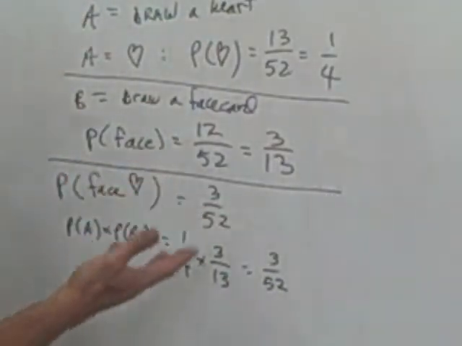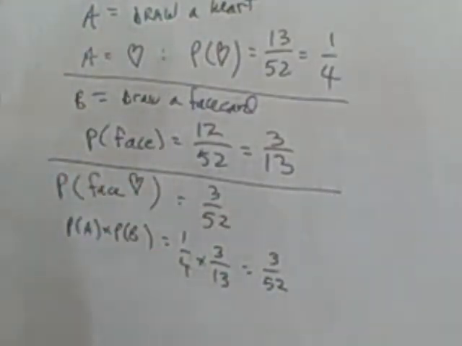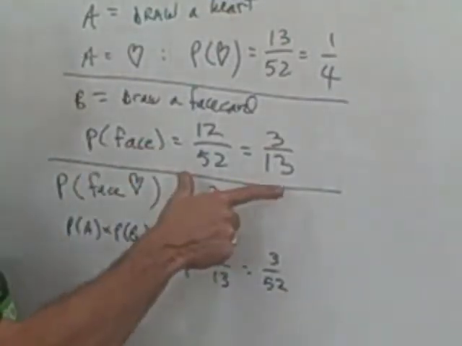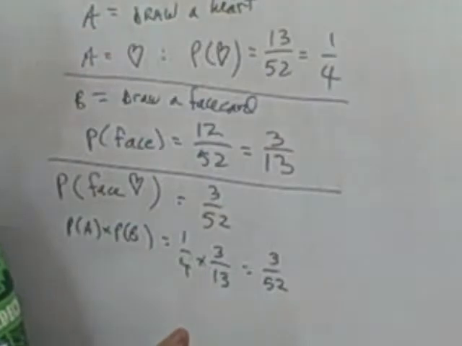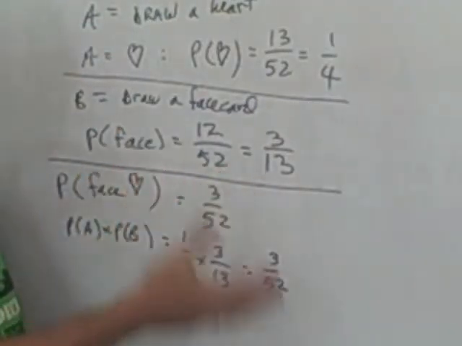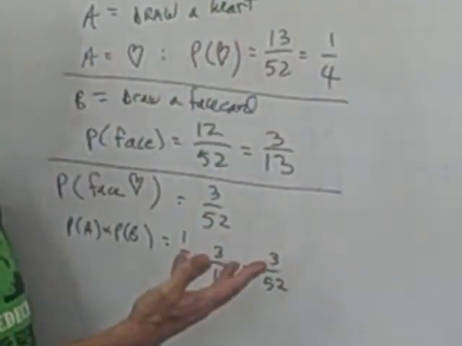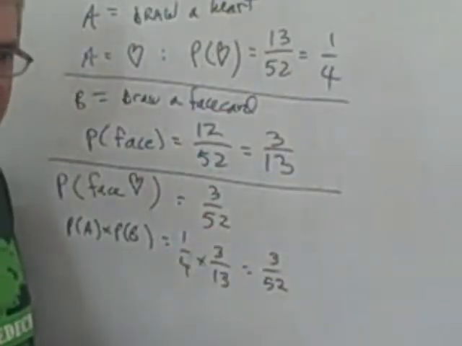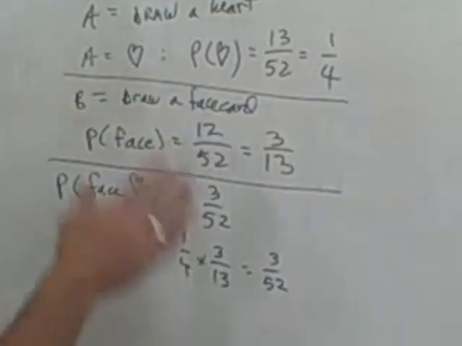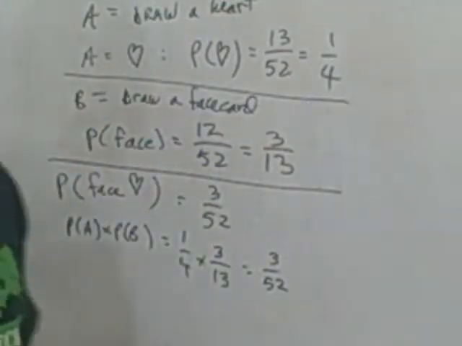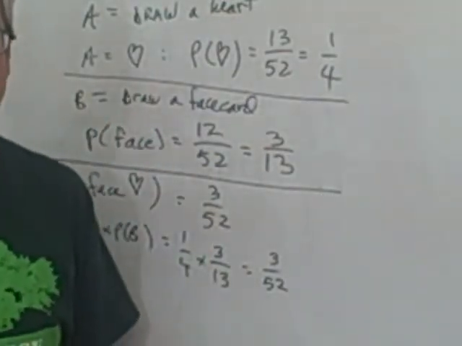If I know I've drawn a heart, the probability of it being a face card is exactly the same as it was before I knew that. So they're independent. The probability that it's a heart, knowing that it's a face card, is also 1/4, because the proportion of heart face cards among face cards is the same as the proportion of hearts in the deck. So that's another example of looking at conditional probability and independent events.